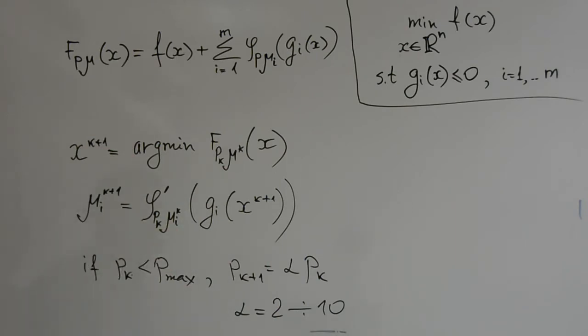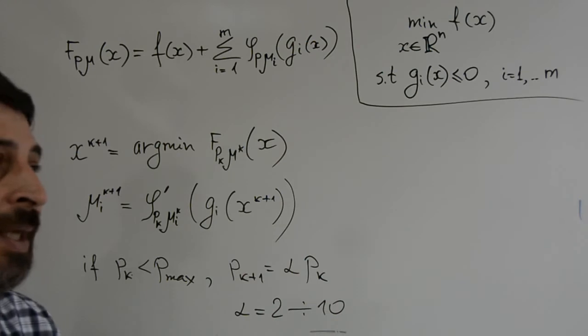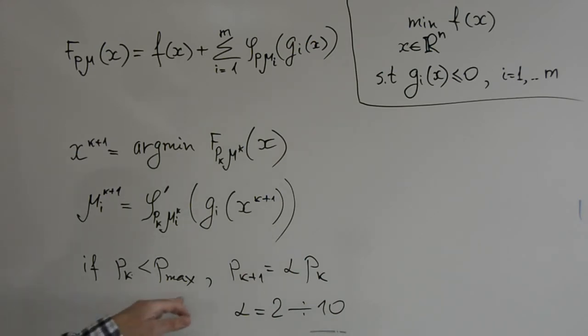The general approach is to start with some moderate value of p, say for example p equal to 1, and then increase it at every iteration 2 to 10 times, until it reaches some reasonable moderate value like 100 or 1000, and stop after this. So we increase the penalty parameter only if it is less than this reasonable penalty value.